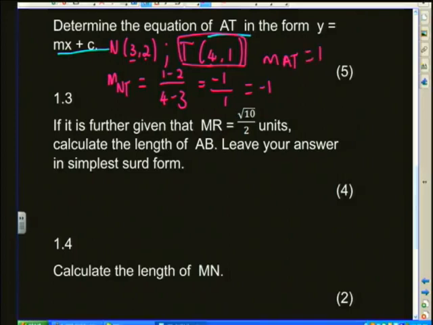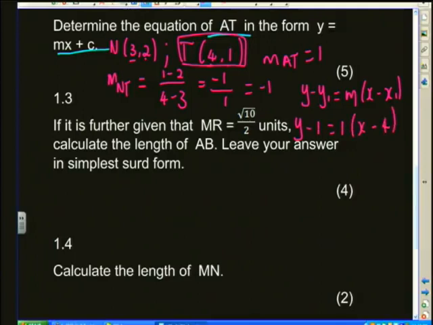So in order to find the equation of that straight line, we're going to use our formula. y minus y1 is equal to gradient times x minus x1, and substitute straight into the formula. So we'll get y minus 1 is equal to the gradient, which is 1, times x minus 4.